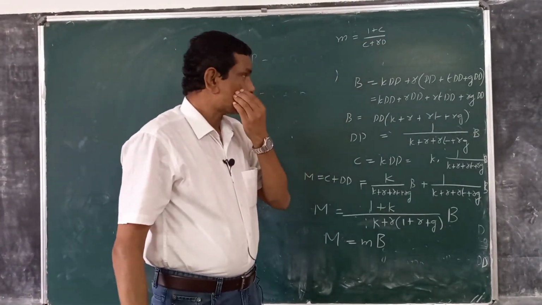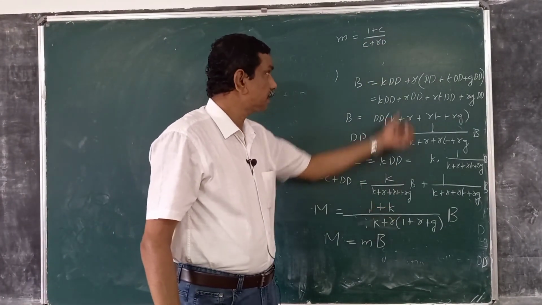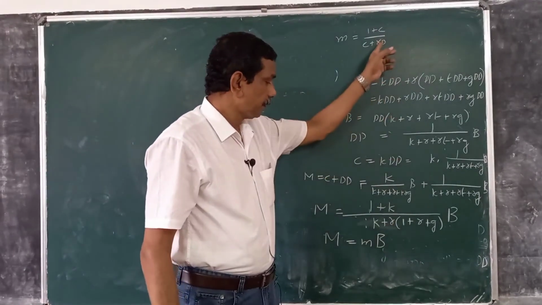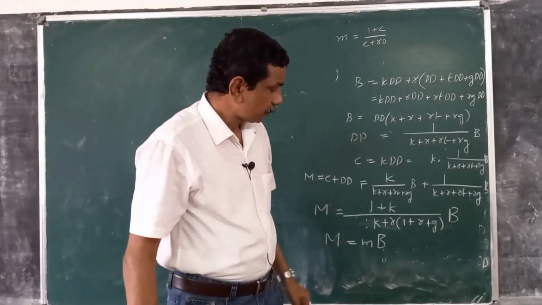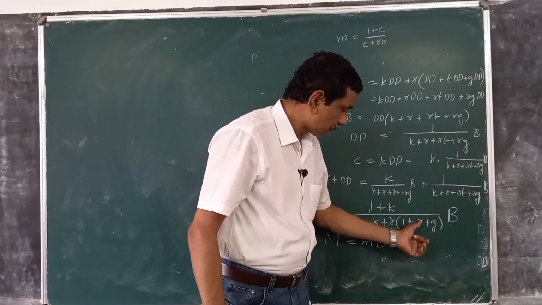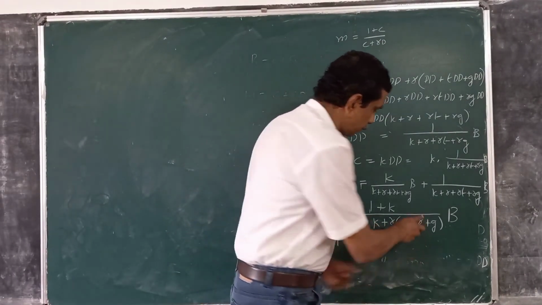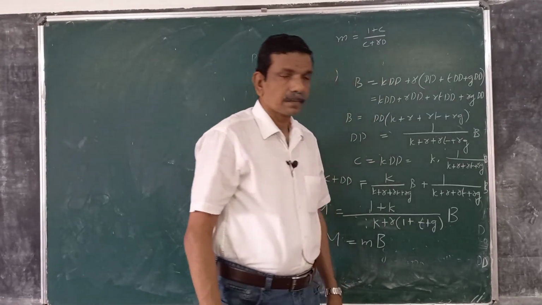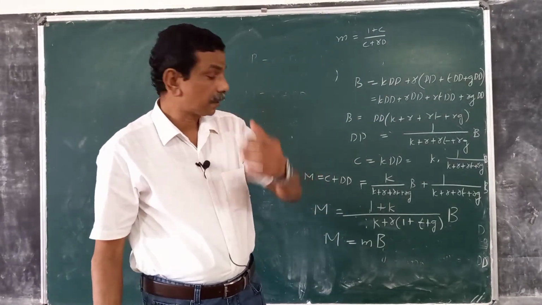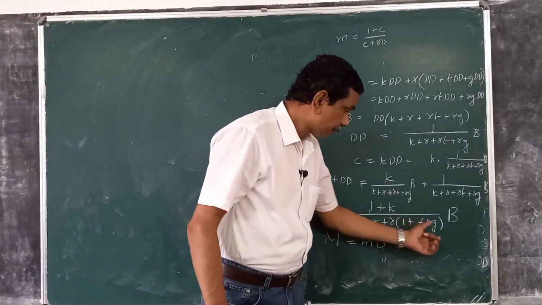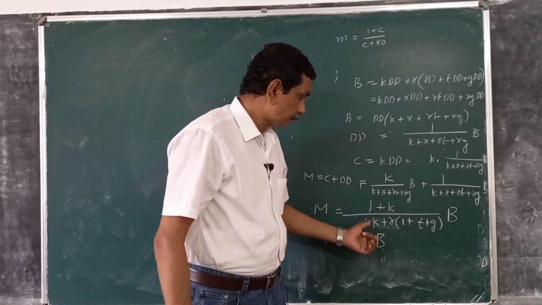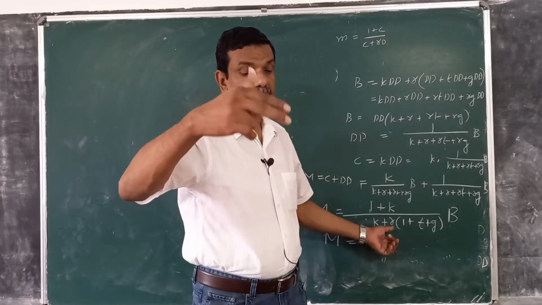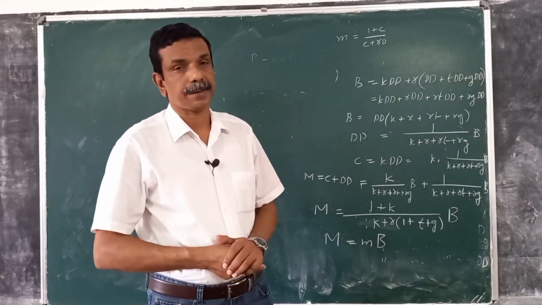Now we compare this. In the numerator, K is same as C. In the denominator, R is RD. If we assume that there are no time deposits or government deposits, T plus G disappears, then we have 1 plus K by K plus R. The same money multiplier we have considered earlier.